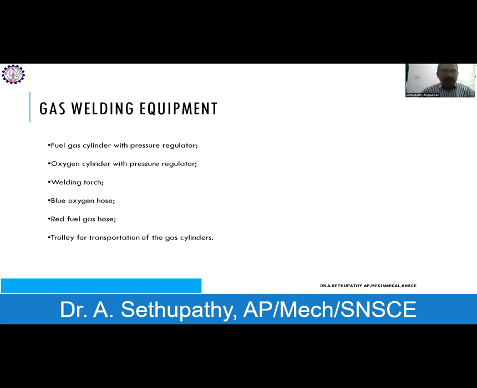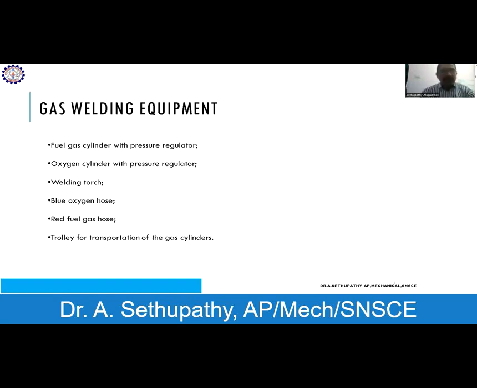What are the equipments we are using in this gas welding process? Fuel gas cylinder with pressure regulator; this gas will melt the metals for joining. Oxygen cylinder with pressure regulator; oxygen combines with the fuel gas for continued flaming.